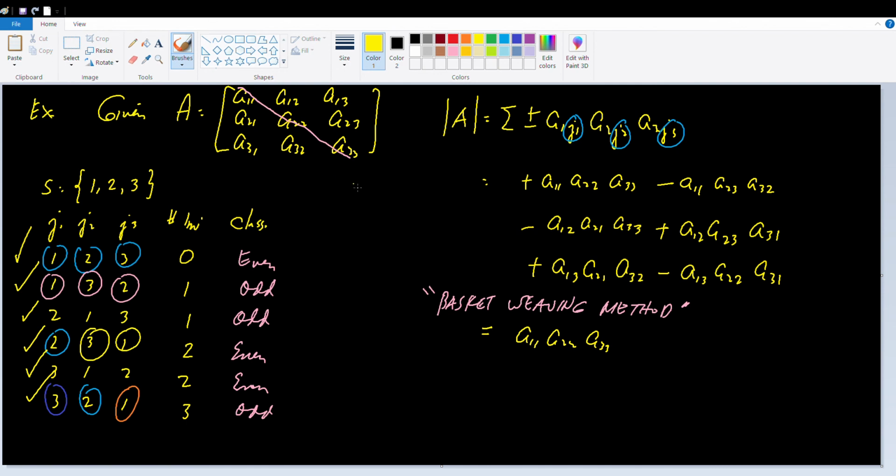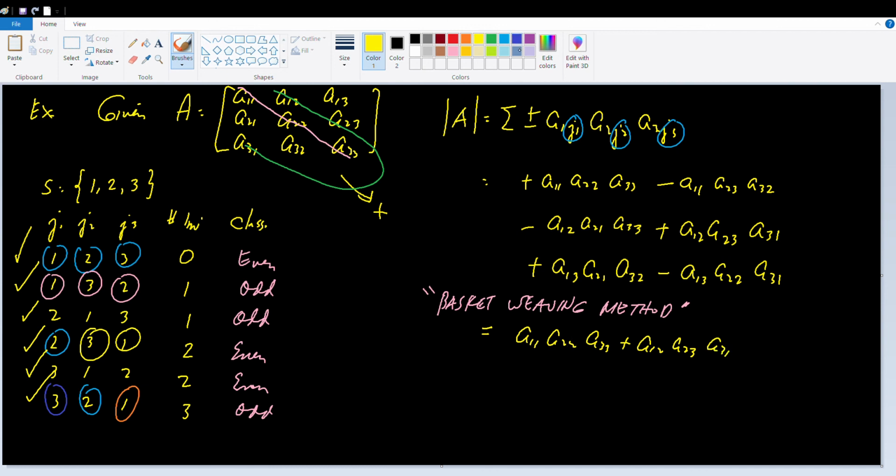So, for the diagonal to the right, it will be positive. Next, we multiply A12, A23, and A31. I hope you see that. So, plus A12, A23, A31.